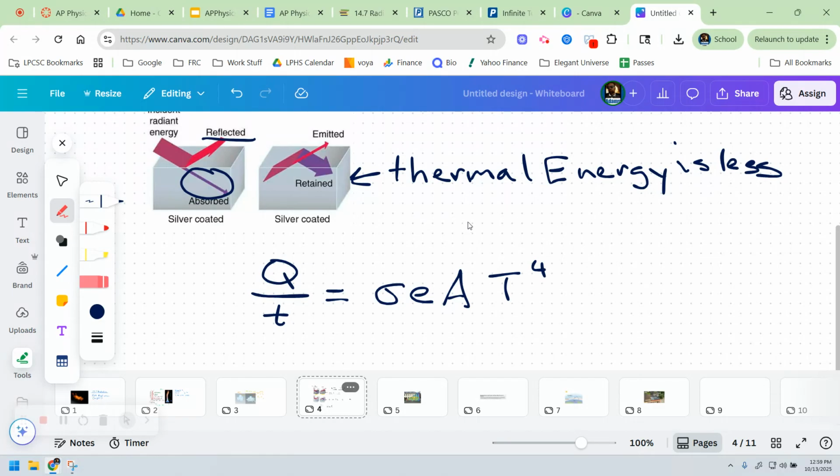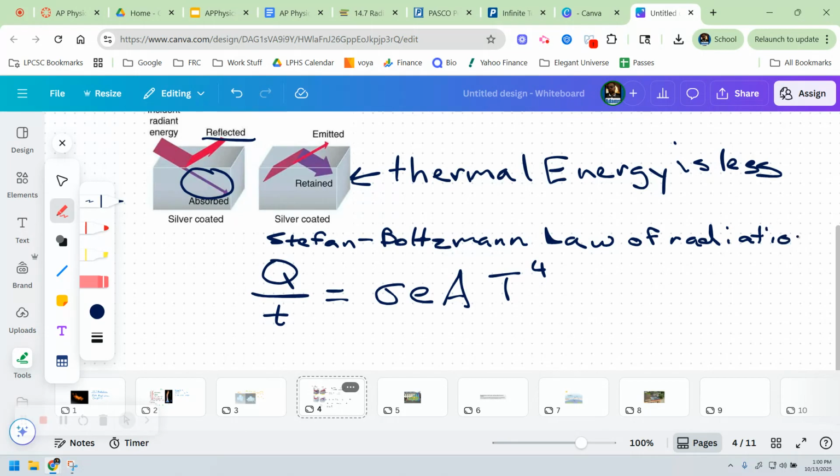And this is the Stefan Boltzmann Law of radiation. So this is a formula that we could use to, well, you'll have to use it for your homework with regards to radiation. So it's another variation.